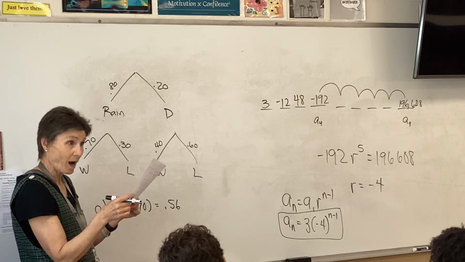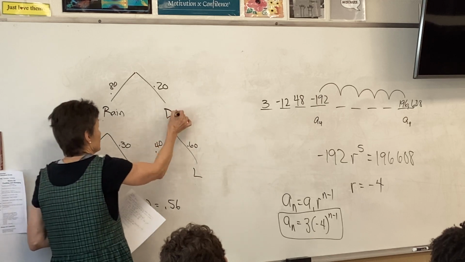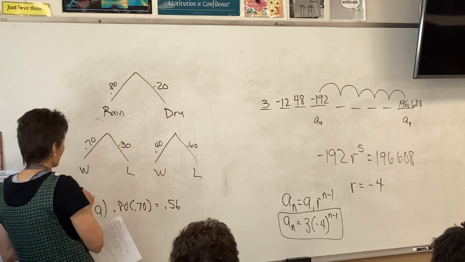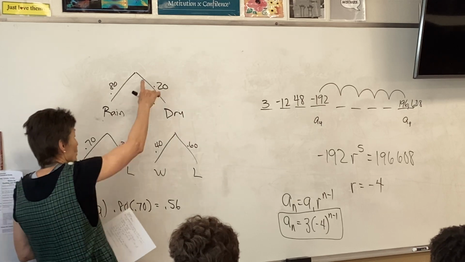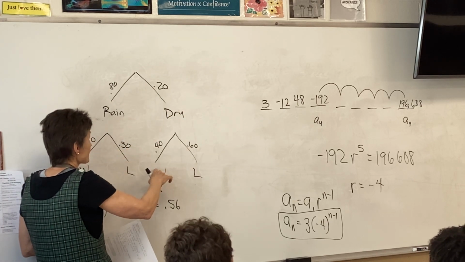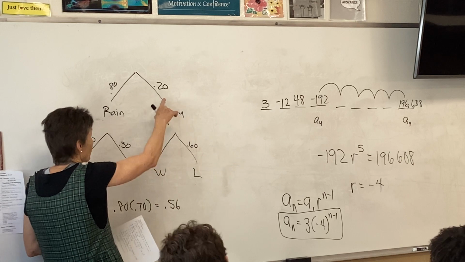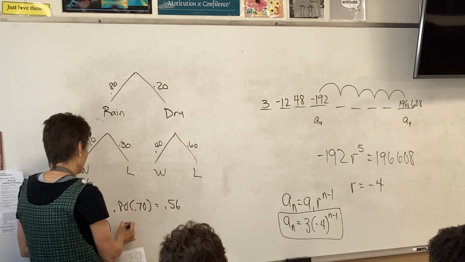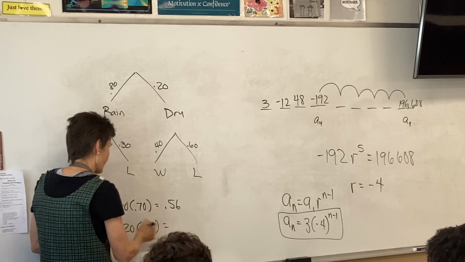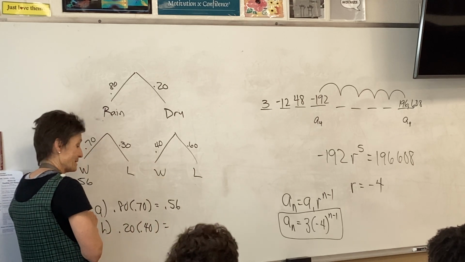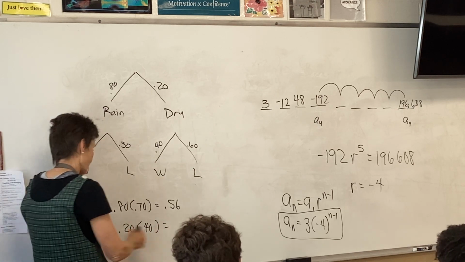Track is dry, and she wins. Okay, so this one was 0.56, this branch. Now, dry and win would be 0.20 times 0.40. What's that? 0.08.